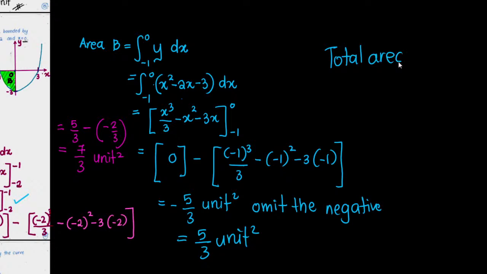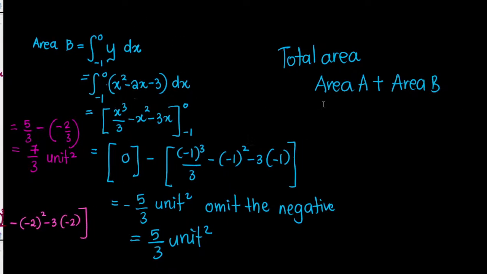So you add both of them, area A plus area B. A just now was 7 over 3. B is 5 over 3. So you will get 12 over 3, which can simplify. So you get 4 unit square.